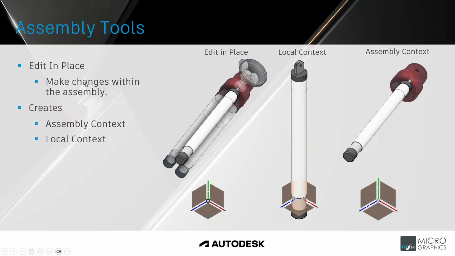Now, when you do this, this will create two contexts within the browser. It creates an assembly context and what we call a local context. Now, I've got the three images here. On the left hand side is the tripod with the leg subassembly being edited in place in relation to the assembly.